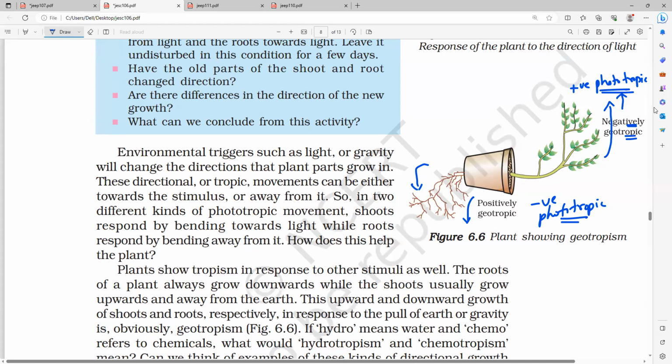So shoot, you can say either towards the stimulus or away from it. These are the two different kinds of phototropic movements. The shoot responds by bending towards light, while the roots respond by bending away from it. Away from it is negative phototropism, and towards it is positive phototropism.